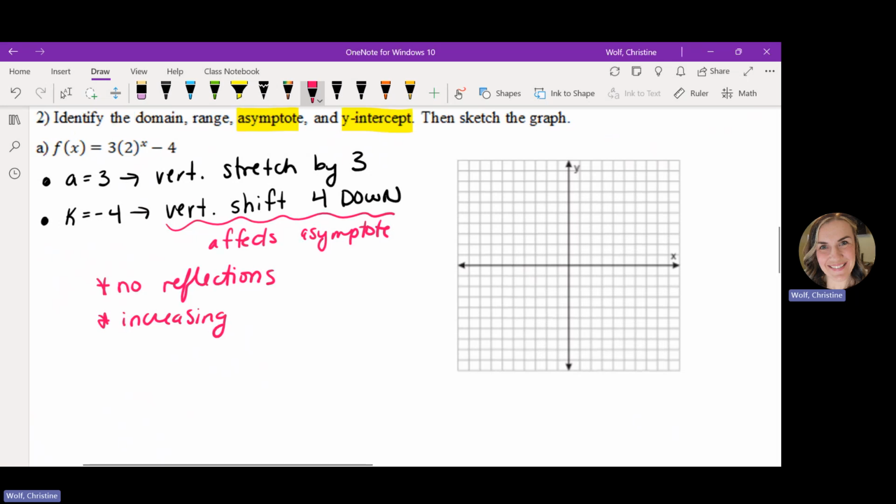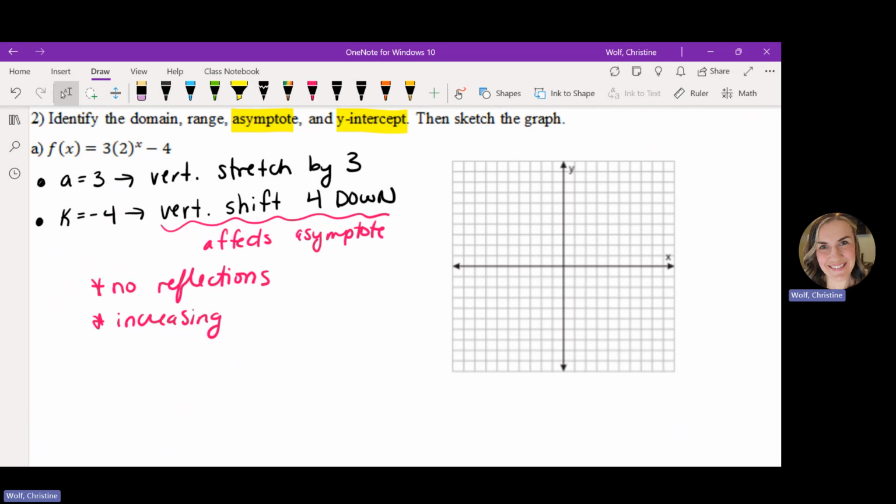We are going to find the y-intercept. Where is this graph going to cross the y-axis? The way we find our y-intercept is by replacing x with 0. We've done that before a million times. So here's my equation. Remember, you can always replace f(x) with y.